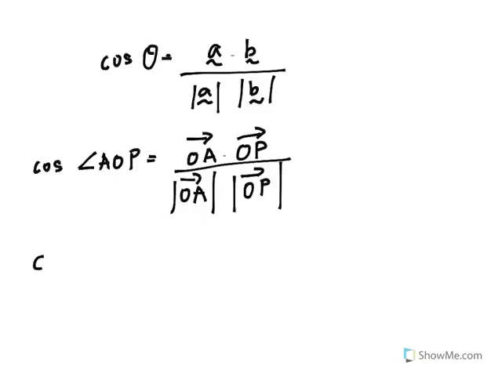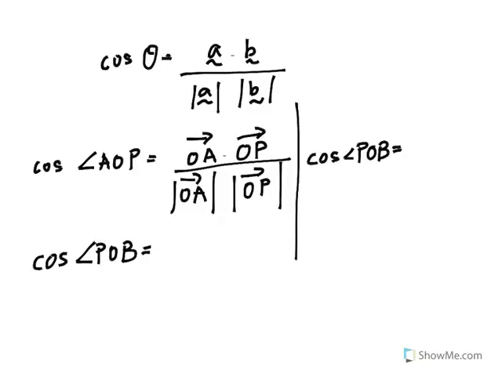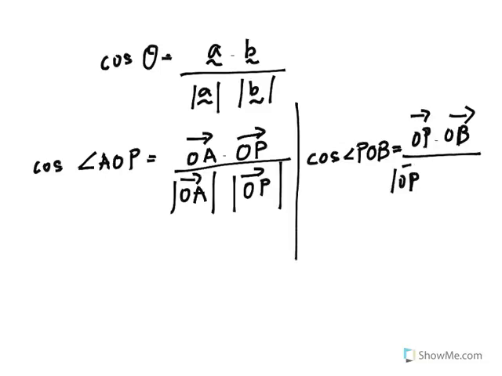Cosine of angle POB is equal to OP dot OB over the mod of OP and OB. And so we find the value of lambda for which the two angles are equal.